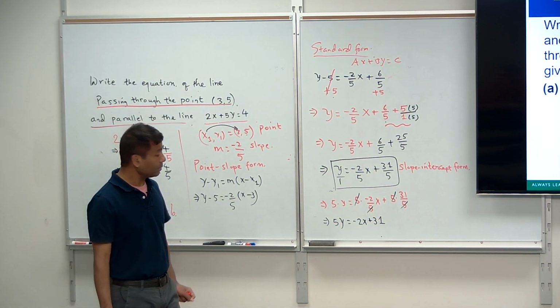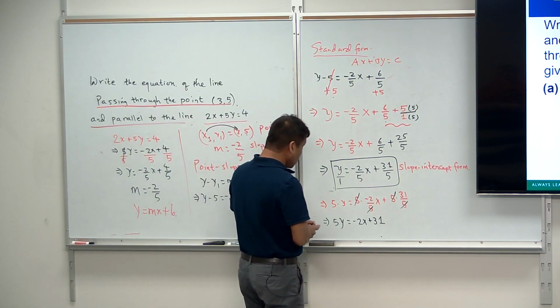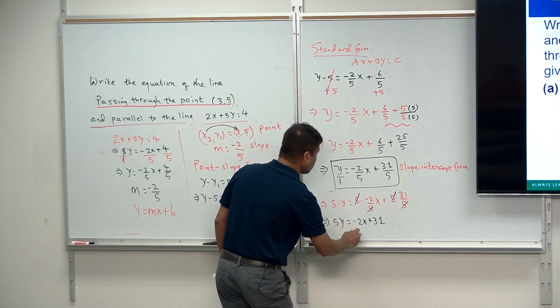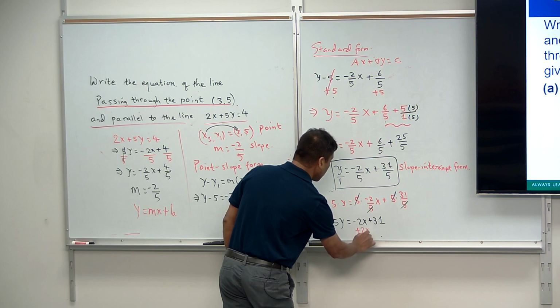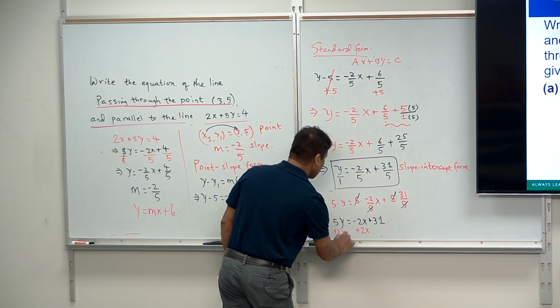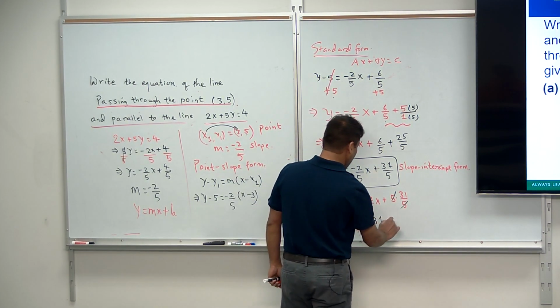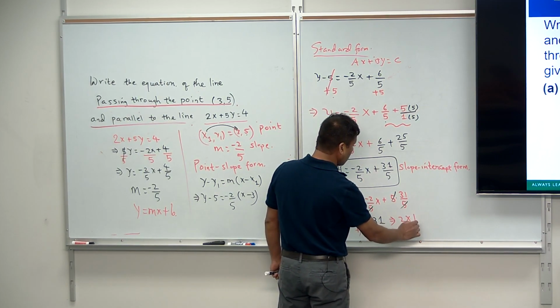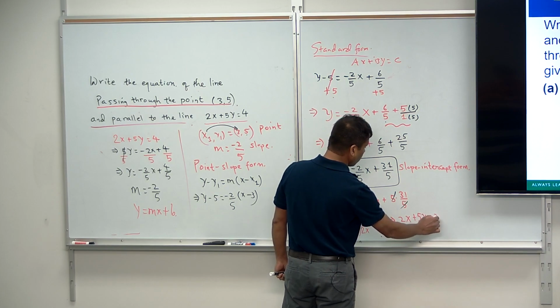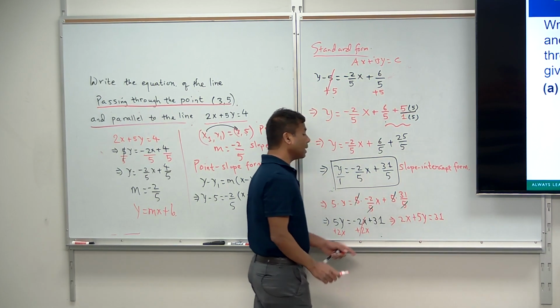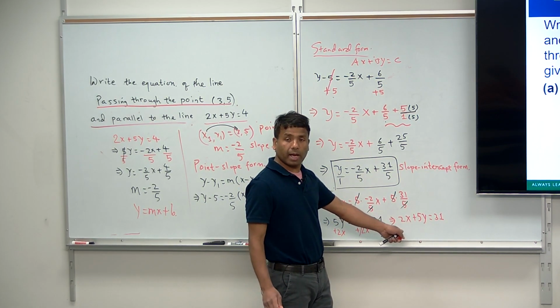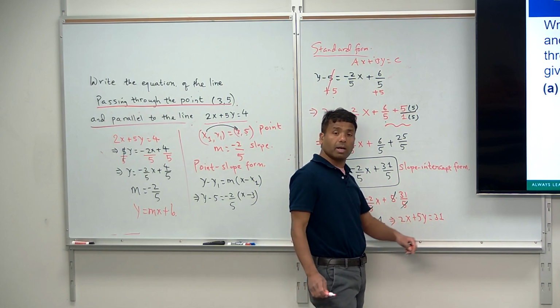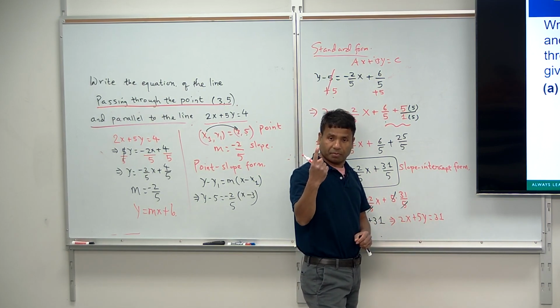Good. So now you add 2x on both sides. You cross them out. So that would be 2x plus 5y equals 31. And you see the greatest common factor of 2, 5, and 31 is 1, right?